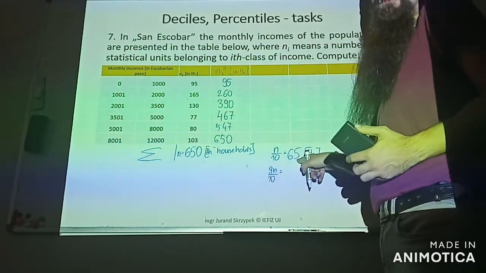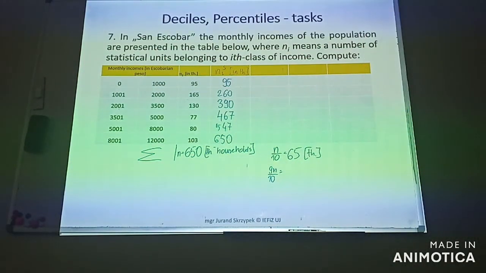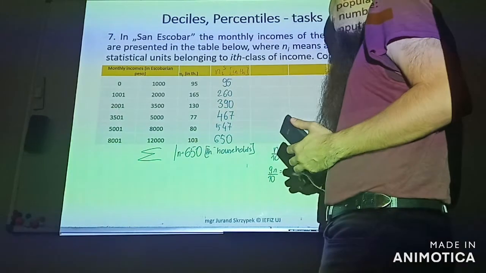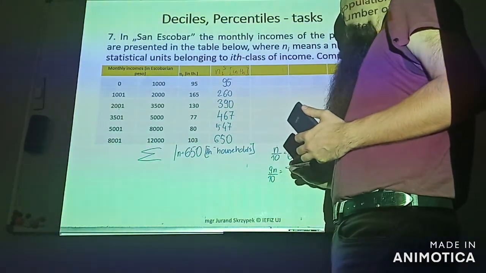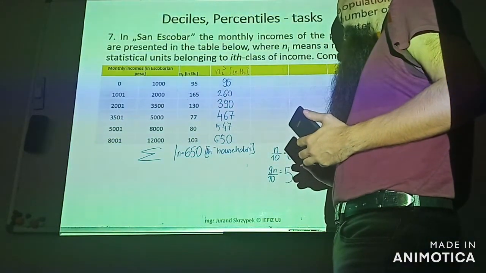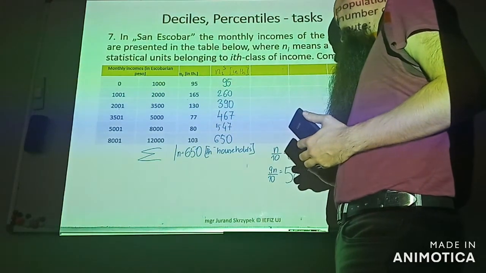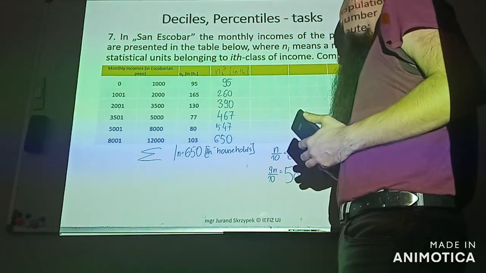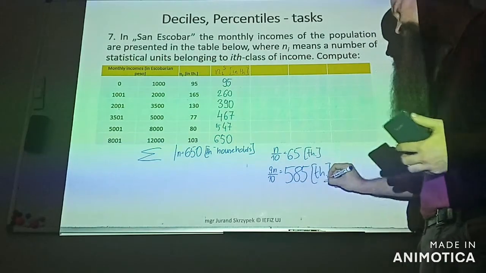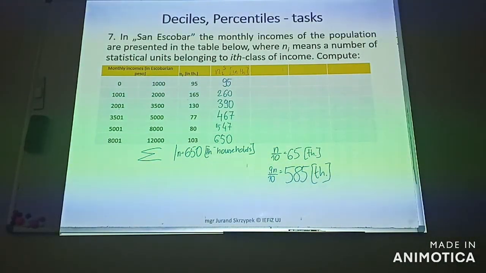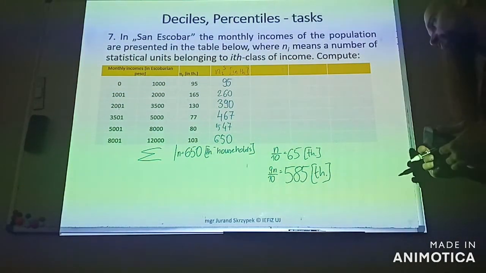Yeah, simple arithmetic. And this is 585,000 people, households. All right.